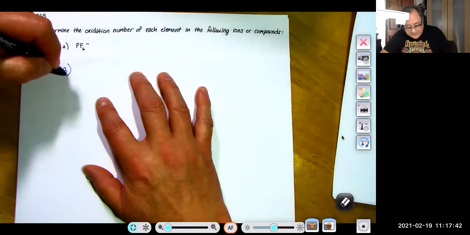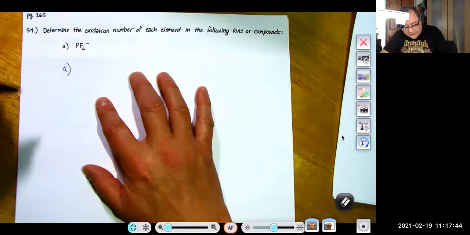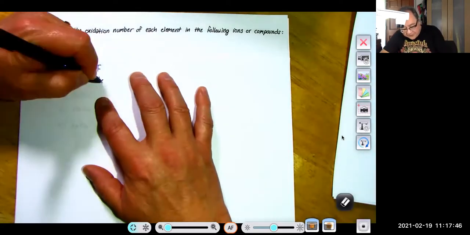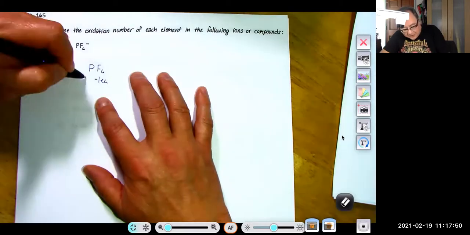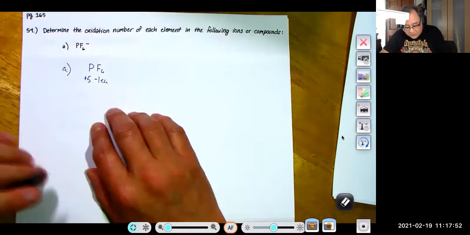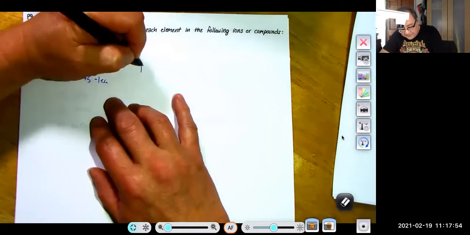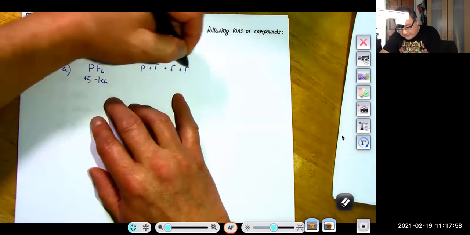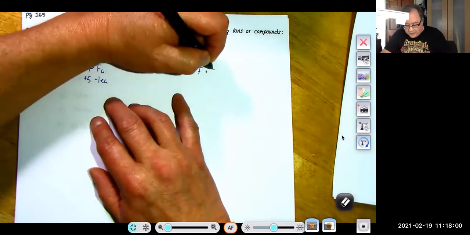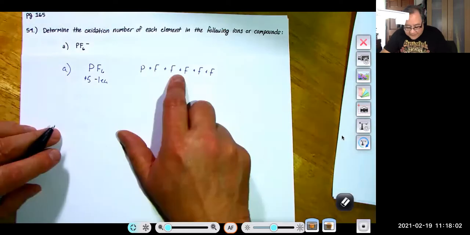So for A, fluorines are going to be a -1 each. And this phosphorus is going to be a +5. And the reason for that: one, two, three, four, five. I need 6.